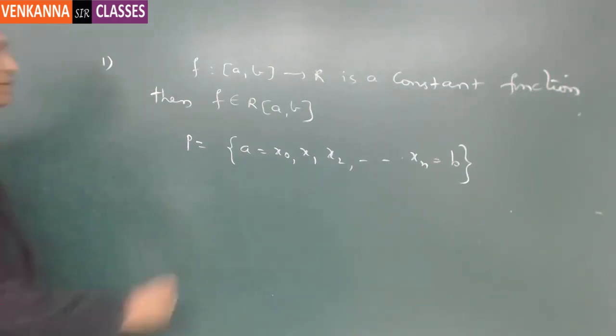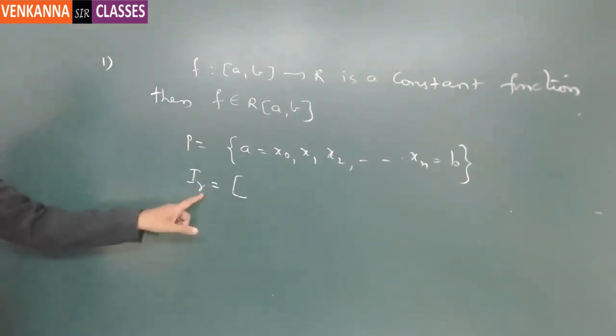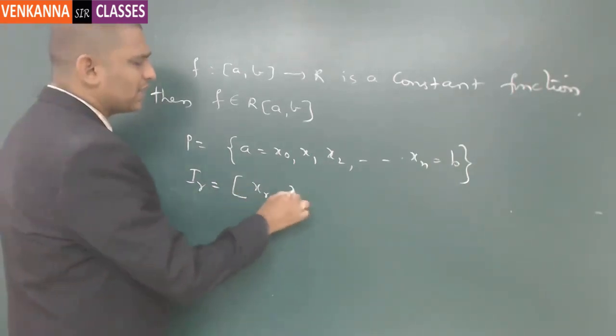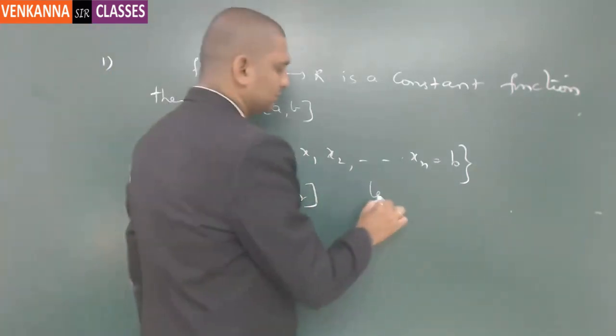So whenever you take a subinterval I_r, the rth subinterval, its points are x_{r-1}, x_r and its length is delta_r.